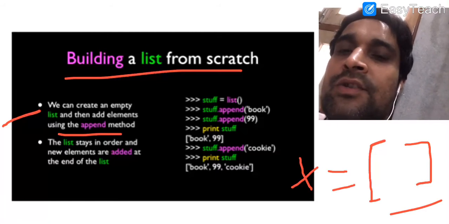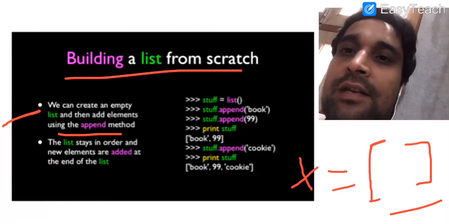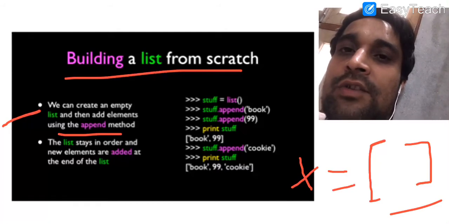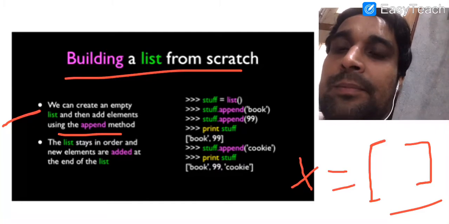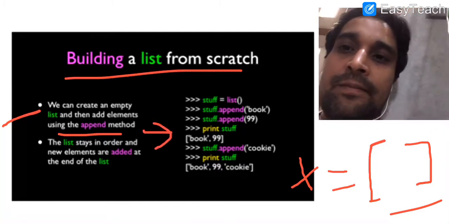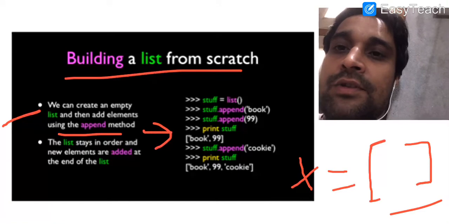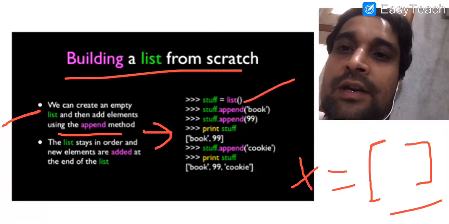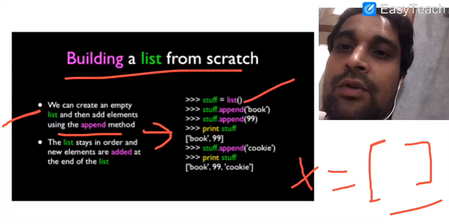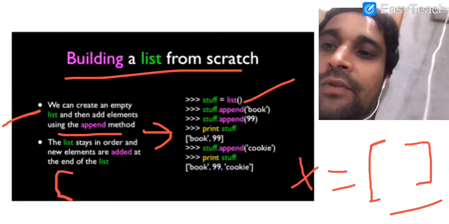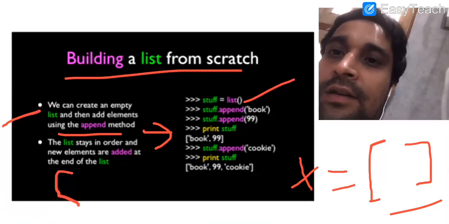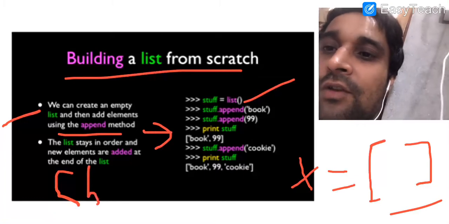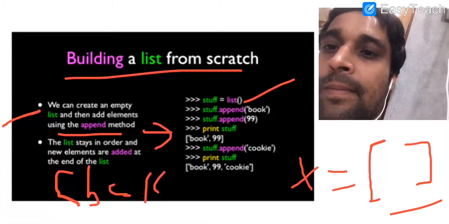It means if you have created a list and you want to add some elements at the end of the existing list, then you can use the append function. Now look at the example given on the right hand side. You can see we have written stuff is equal to list. Here we are creating an empty list named stuff. Thereafter we have used stuff.append('book'). It means the first element will be appended to the list stuff and its value will be book.